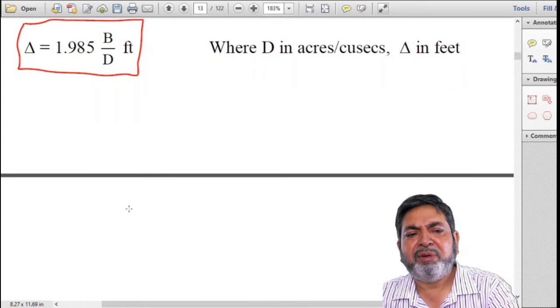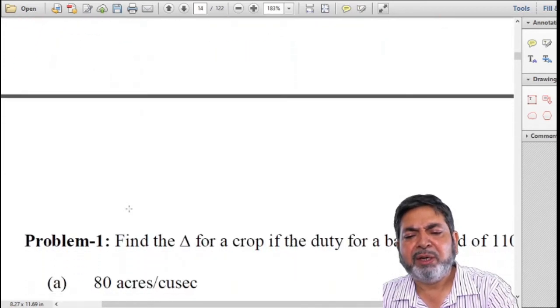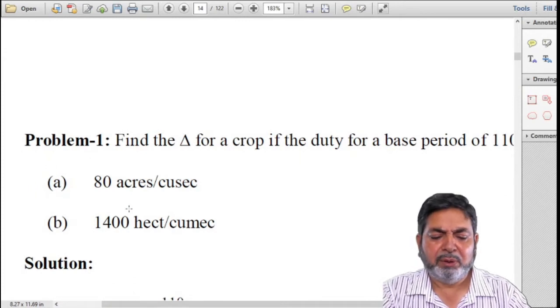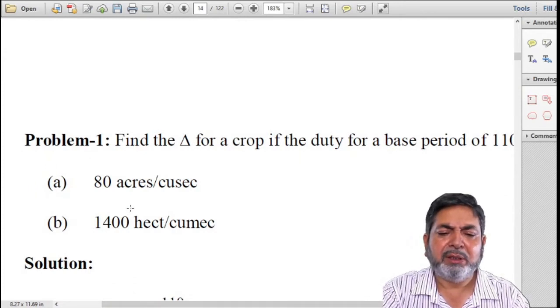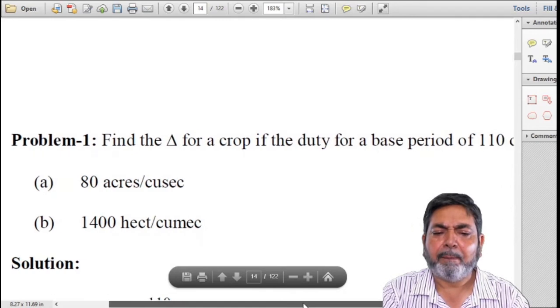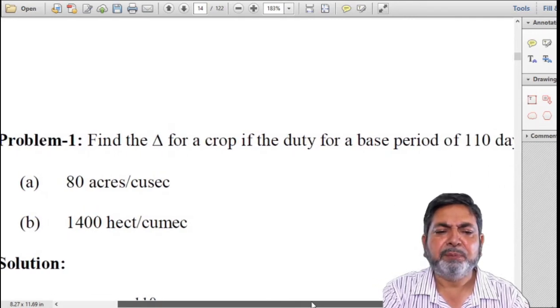This is the unit of discharge in FPS units. Now we will apply this formula in some numerical problems. So here you can see this problem number 1.